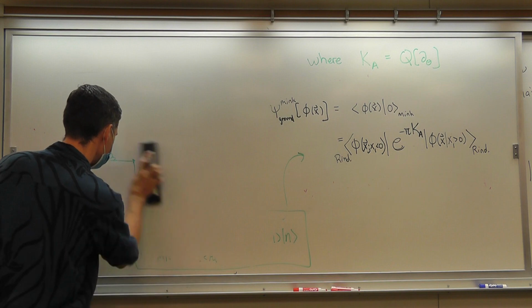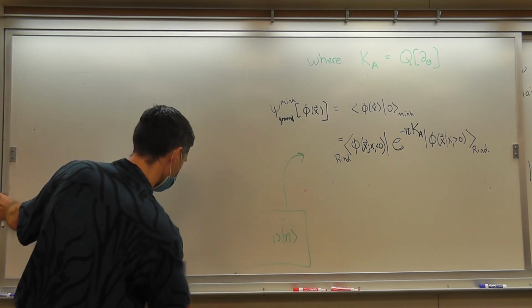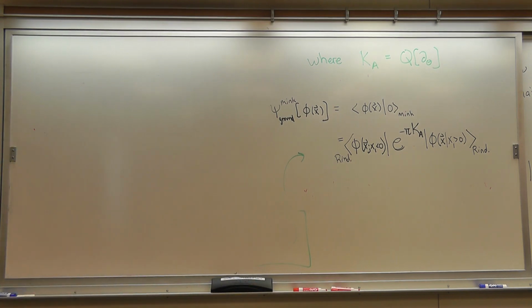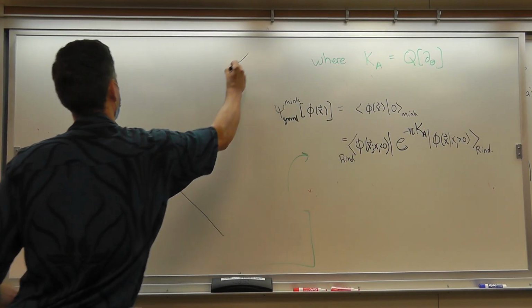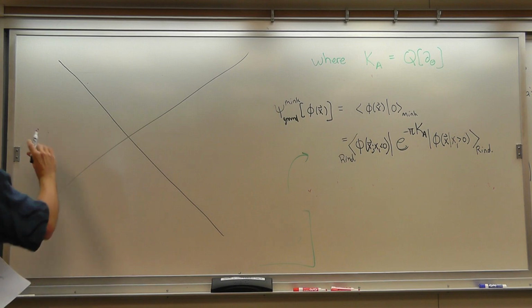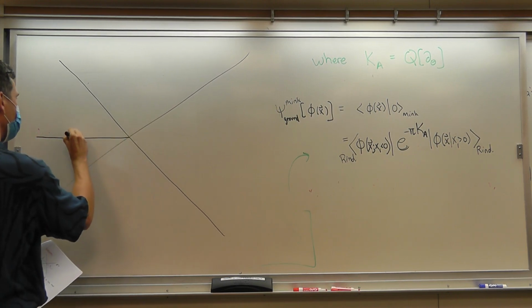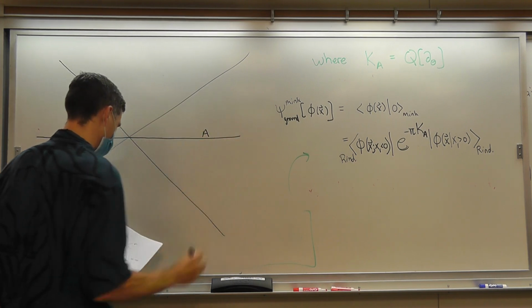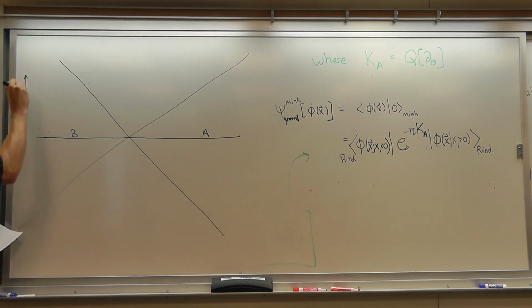Okay, so let me just recap the situation and give a few words of interpretation here. So here's Minkowski space. We have taken space at time 0 and cut it into two pieces, B and A. So time is going up here.